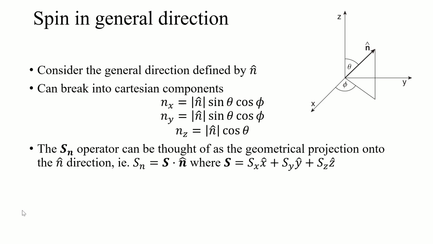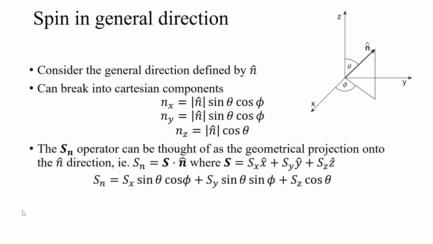So when we take that dot product, we get the spin x operator times n x, plus the spin y operator times the y component of that general direction vector, and likewise with the z unit vector.